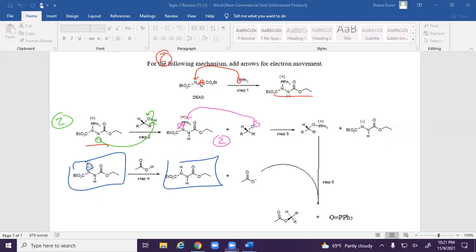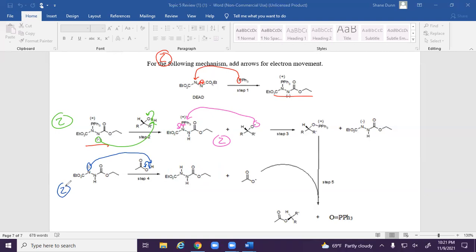That guy goes away. So the bond here breaks, oxygen gets 2 electrons, and we use the electrons here to bond to the hydrogen, which means there's 2.